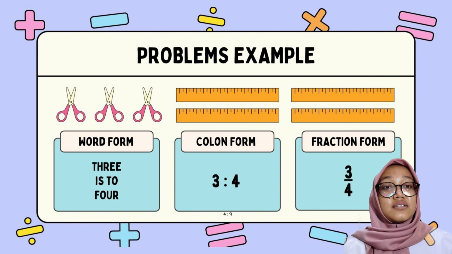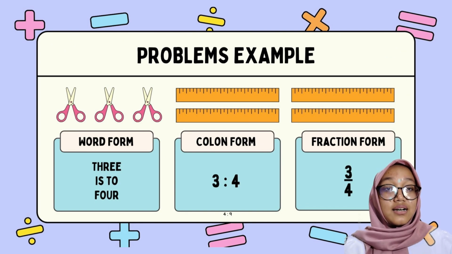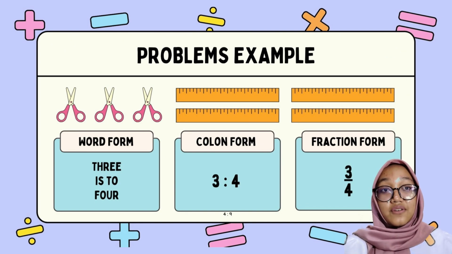Second is colon form. In this form, we write the comparison with a colon, so we write the numbers 3:4. Next, fraction form. Like the name, fraction, as I explained before, so we write it as a fraction. So we have 3/4.